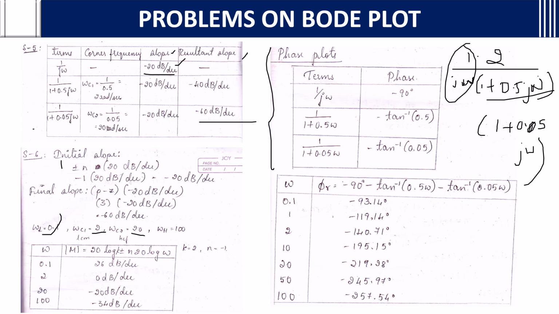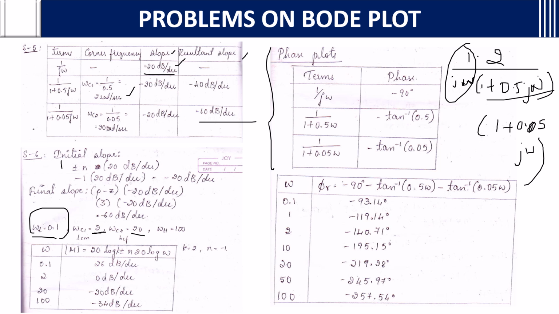But initially we should every time consider the frequency as 0.1. In the Bode plot, when we are drawing on a semi-log graph, we should take the first initial point as 0.1. It is compulsory.